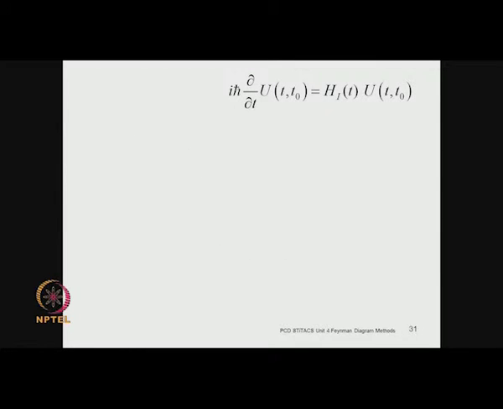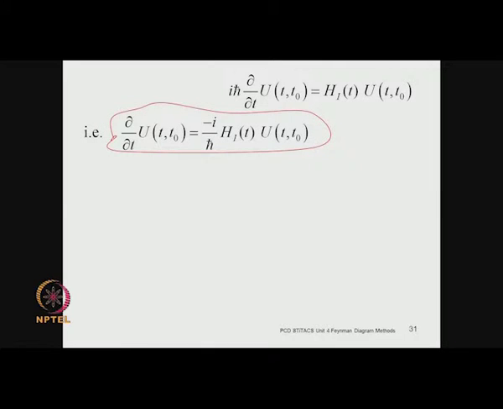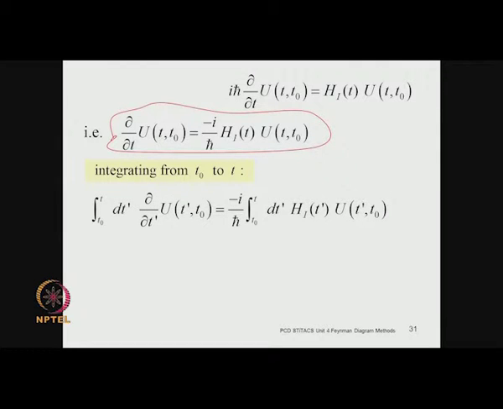So, this is the time evolution operator, and this is the differential equation for the time evolution operator. I just take iħ to the other side, and now you have got a derivative on the left. So, it is obvious that it is amenable to integration. So, integrate it from T0 to T, and on the left hand side now you have an integral of a derivative.